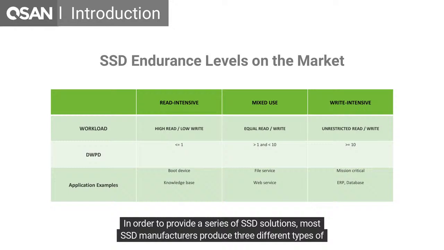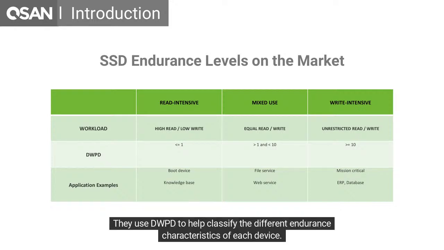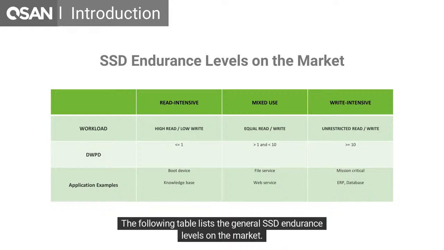In order to provide a series of SSD solutions, most SSD manufacturers produce 3 different types of SSDs for specific applications. There are read-intensive, mixed-use, and write-intensive. They use DWPD to help classify the different endurance characteristics of each device. The following table lists the general SSD endurance levels on the market.